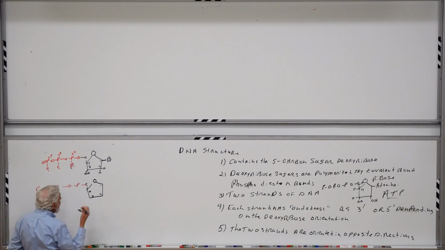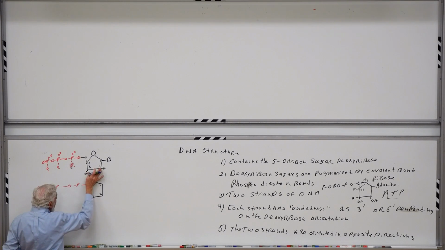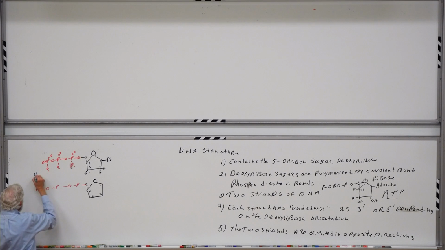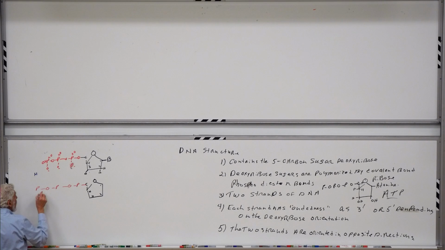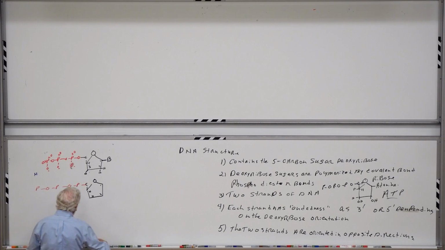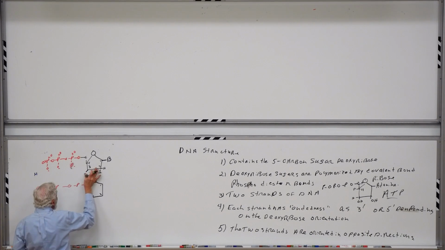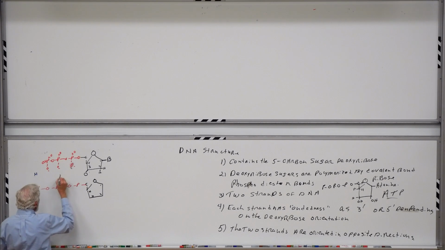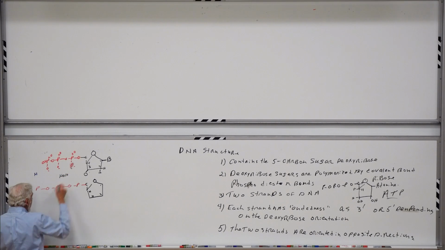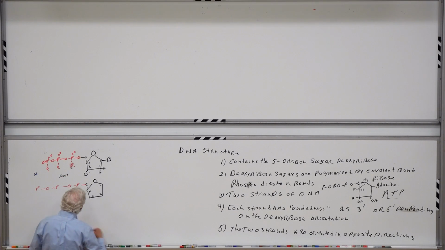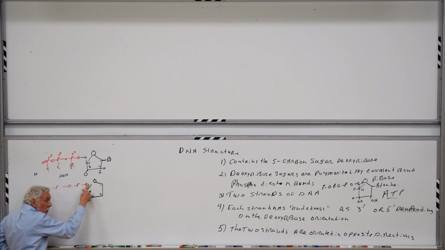And what it's going to do is it's going to take off this hydrogen, and it's going to take off the hydroxyl. Nope, I'm sorry. It's going to take off the hydrogen from this hydroxyl. It's going to take a hydroxyl from this to make water. And the end result is going to be this number 5 carbon linked to this phosphorus.